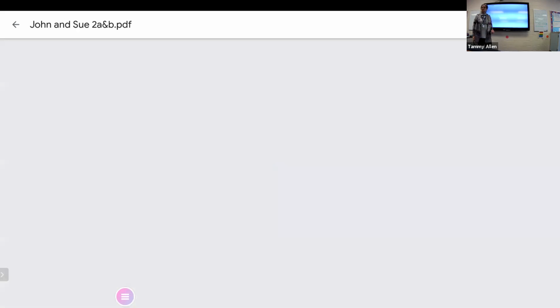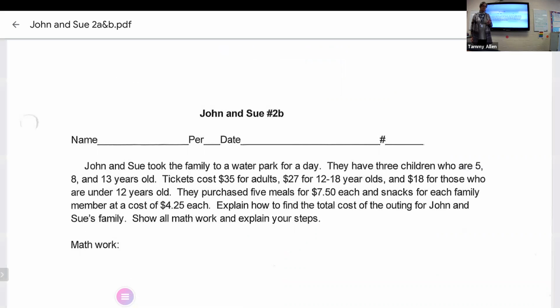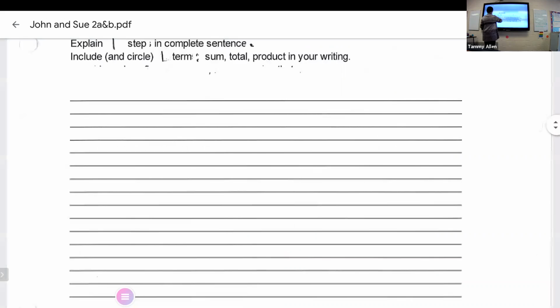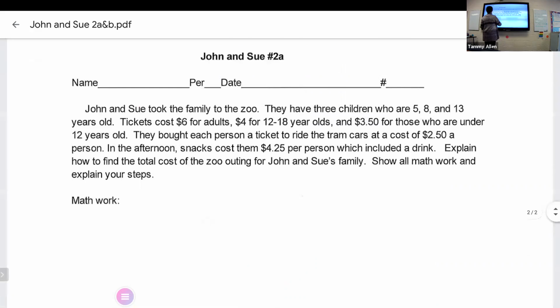I assume you picked up the rubric with the John and Sue? All right, John and Sue are going to a water park. Here's what we're practicing. They're going to go to the zoo for a practice. So make sure you're on the zoo side. For yours, they're going to the water park. So make sure you're on the zoo for right now.